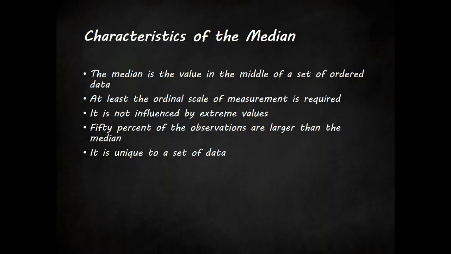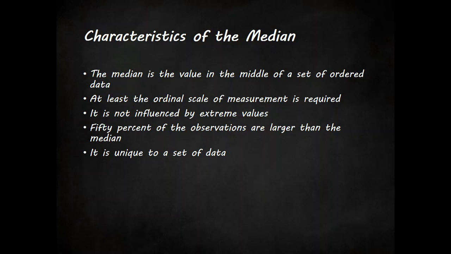Like I said, you can't do mean with ranked data, but if you have ranked data and you want to find who's in the middle of the pack of individuals who were in a race, you can do that with the median, or you can do that with ordinal data. And it's not influenced by extreme values, which is a really great strength of it.